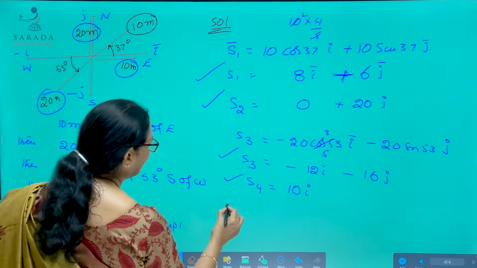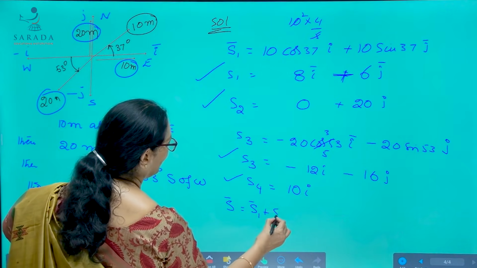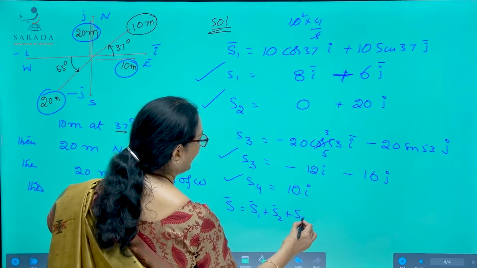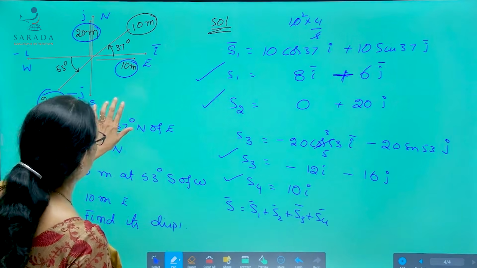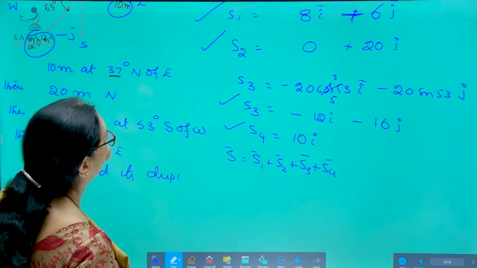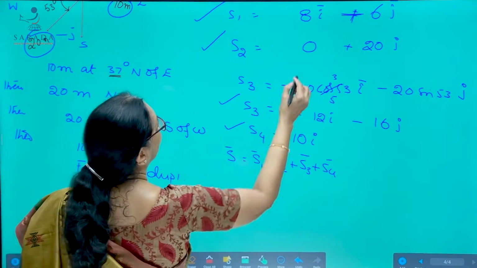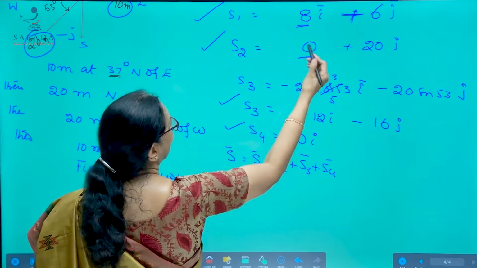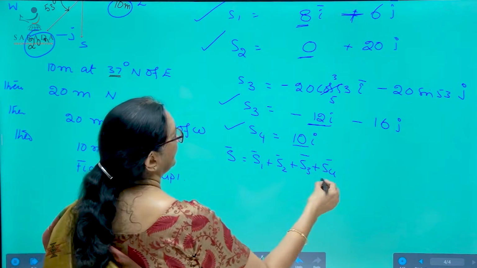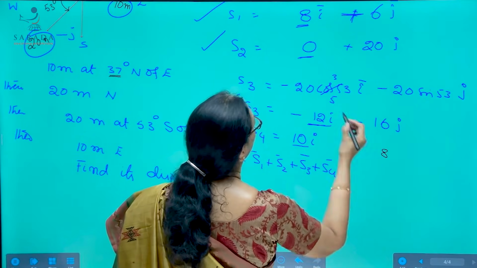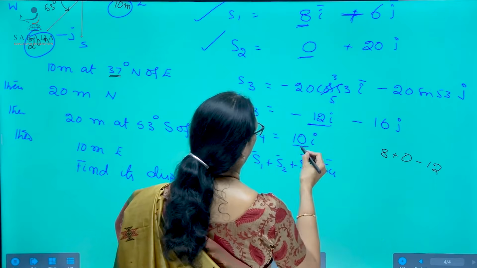Now the net displacement, the resultant displacement, is S1 bar plus S2 bar plus S3 bar plus S4 bar. Right? So here, the i components: 8 plus 0 minus 12 plus 10.